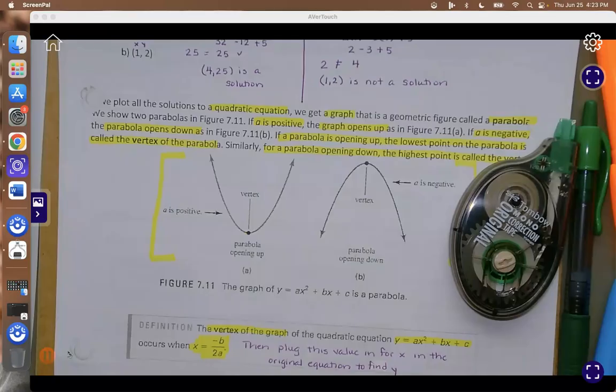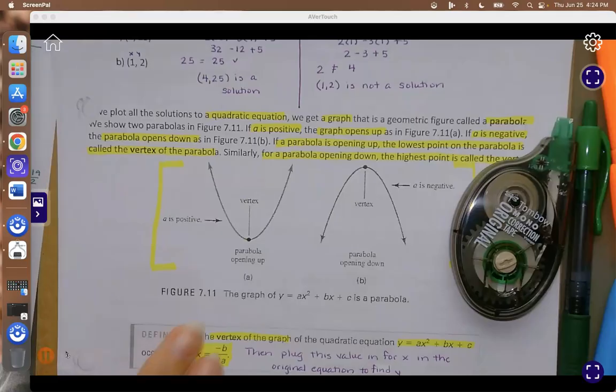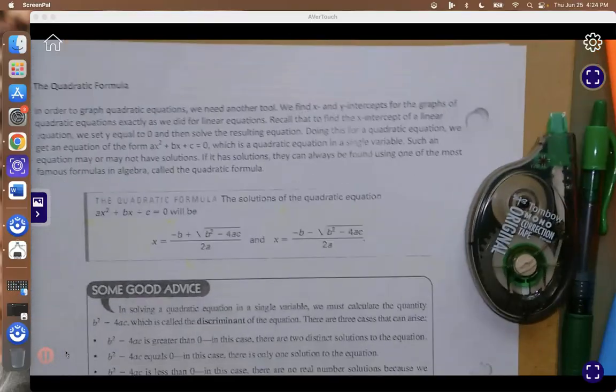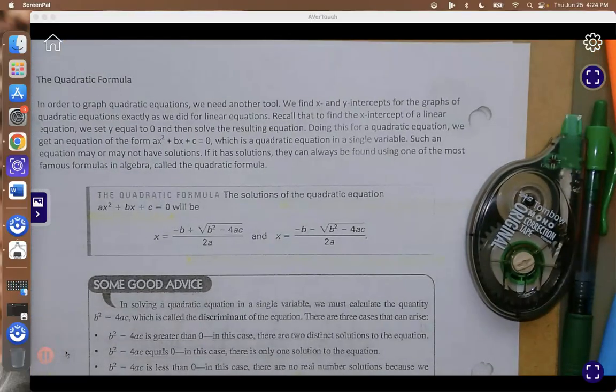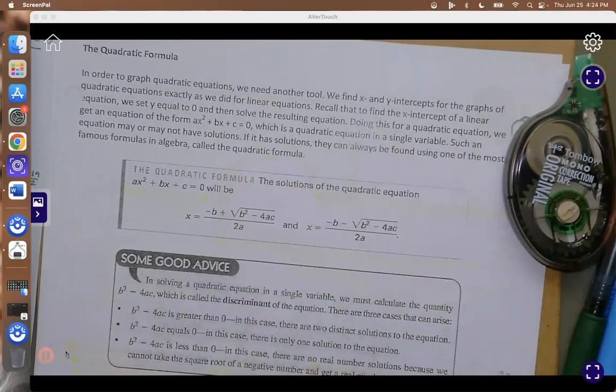Okay. All right. Moving on. Quadratic formula. Okay, if you're solving a quadratic equation, trying to find the solutions of a quadratic equation, you're going to use the formula.